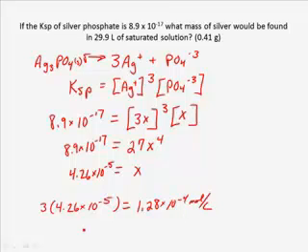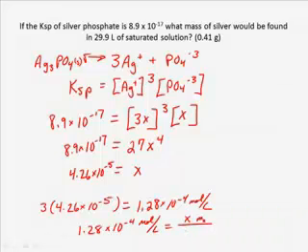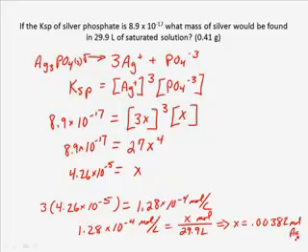Okay, and when I plug that in to 29.9 liters, that gives me 0.00382 moles of the silver. And if you work that out with the molar mass of silver, you'll find that that is equal to 0.41 grams of silver.